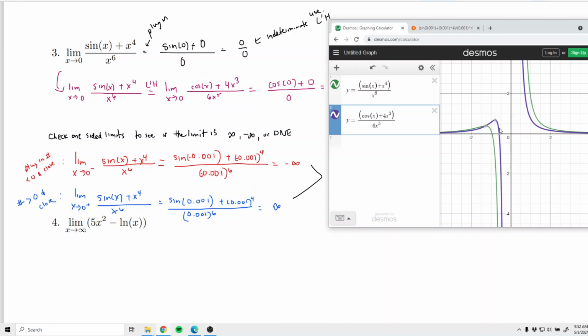But even if I plugged in like 1/2, which is this line here, the green one is way down here. The purple one is barely negative. And we probably can't say, well, the y value is negative 1, so it's going to be negative infinity. So the main point here is that it might work if you plug it into this one, but it will definitely work if you plug it into the original. So make sure you're doing that.